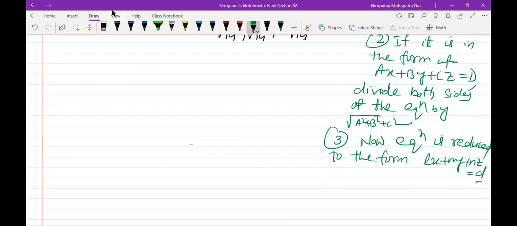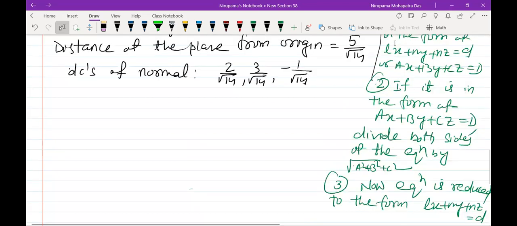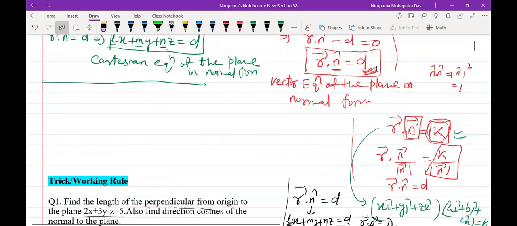Okay, now in case you are given the equation in the form of a vector equation, let me bring that question. So quickly we will take the second question. Did you understand what I'm trying to tell you?